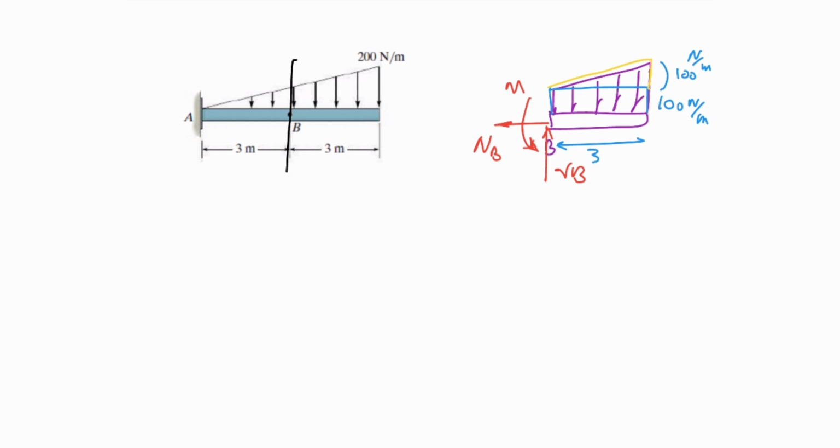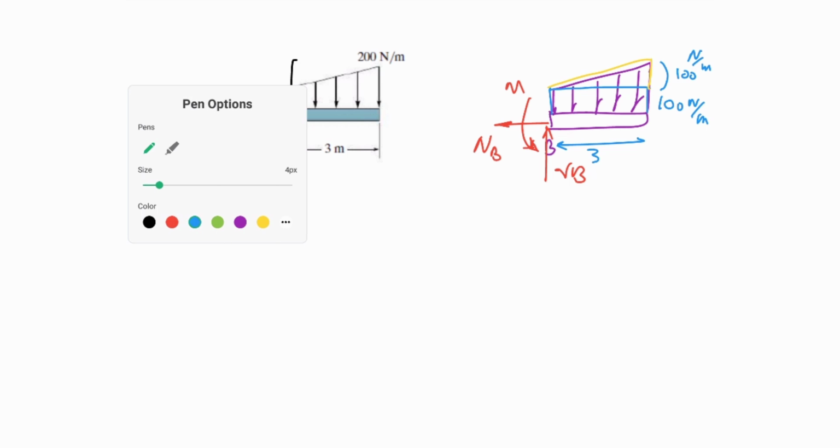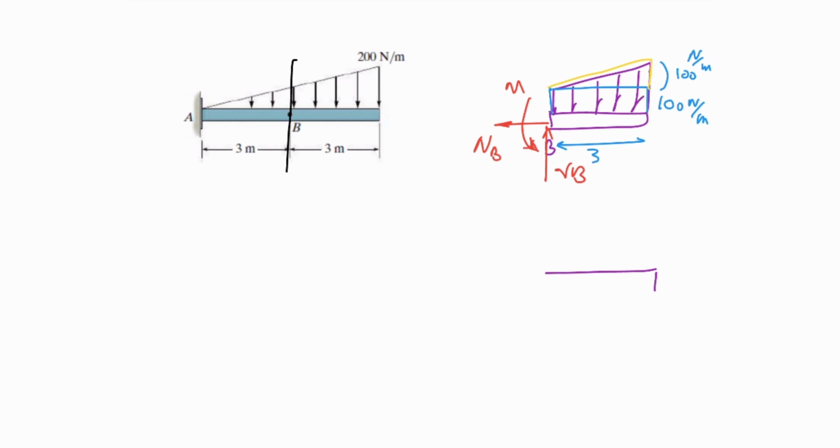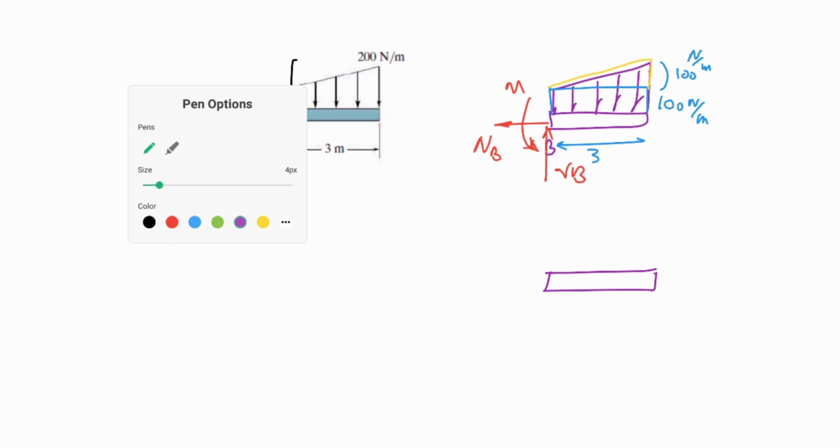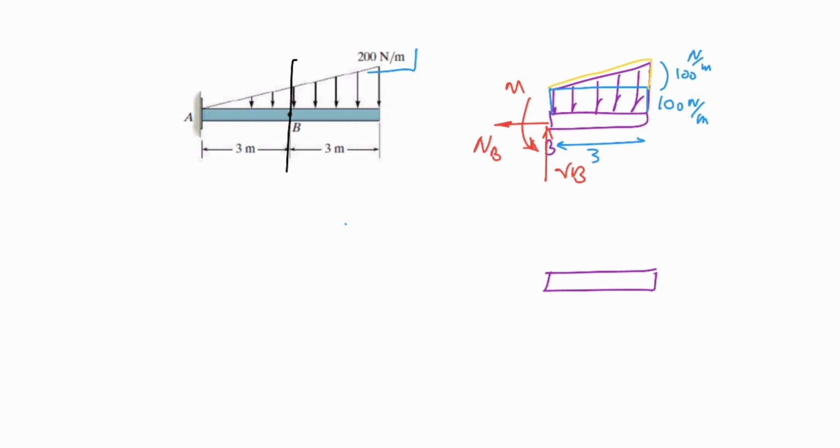For solving the reaction forces, we replace each one of these distributed loads with a single load. As you can look at the unit of the distributed load, it is Newton per meter. It should be multiplied by a length like this guy to have a unit of Newton. And that's the way that we solve it.